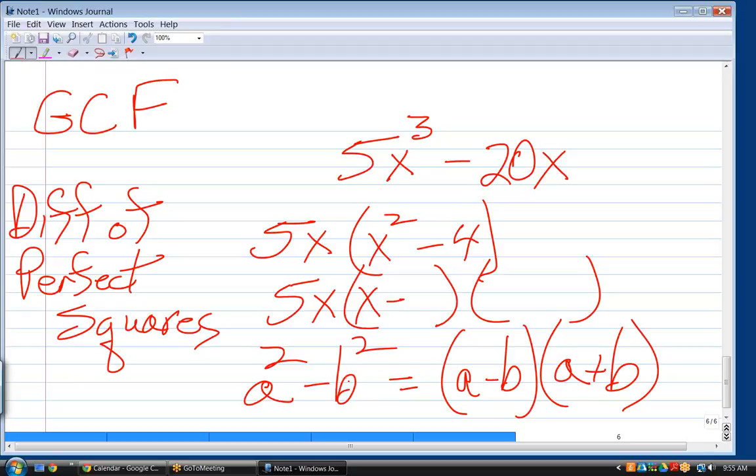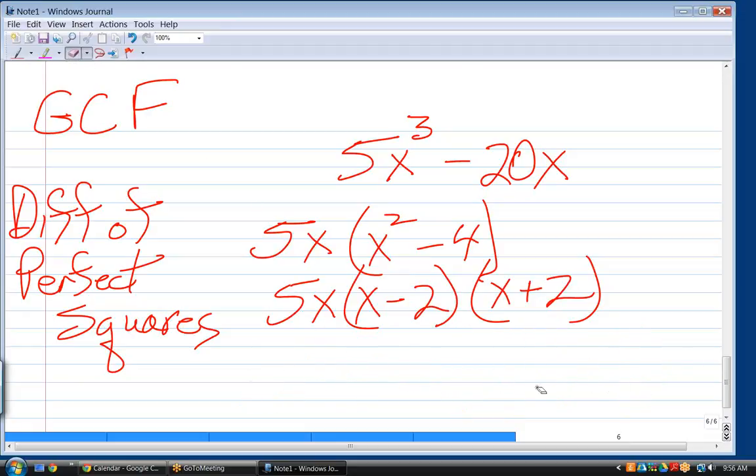In this case, we're looking for b. Remember that this is going to be a minus b times a plus b. Well, if b squared is 4, what is b? It's the square root of 4. 2. And then the second part, you don't even have to think about it, is just the conjugate. The conjugate meaning same thing, opposite sign. Okay? So, now I've fully factored this expression.